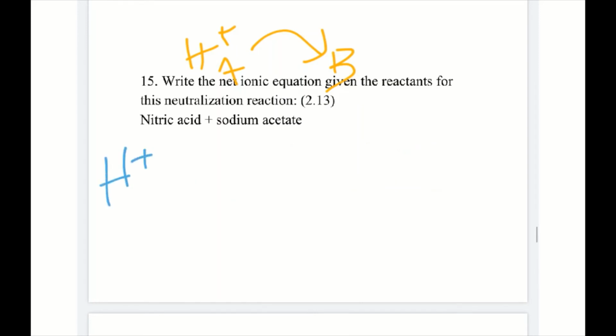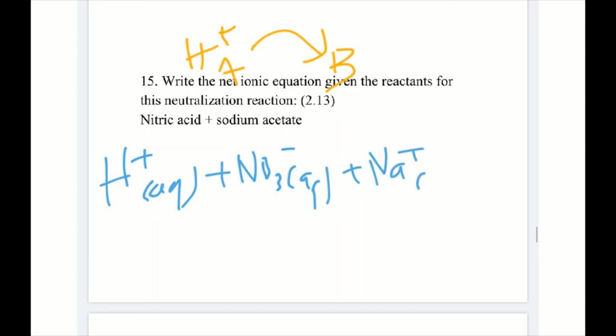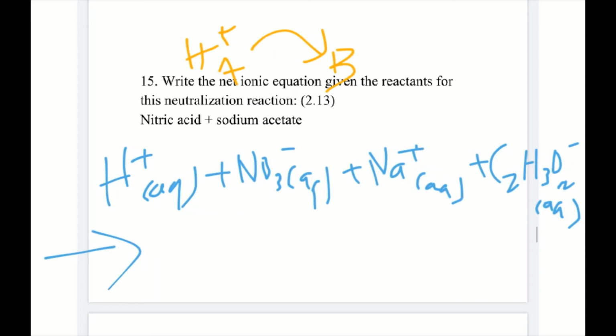So, H plus aqueous plus NO3 minus aqueous plus Na plus aqueous plus C2H3O2 minus aqueous, and that will give you, so we have to transfer the H plus in HNO3 to the base, which is C2H3O2, since this is a neutralization reaction, and we're assuming that the nitric acid is our acid, and the acetate and sodium acetate is our base.